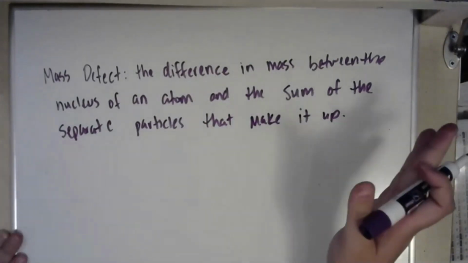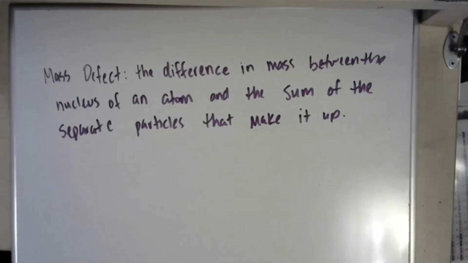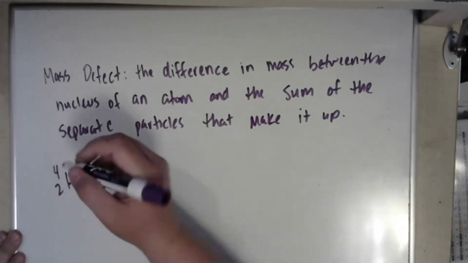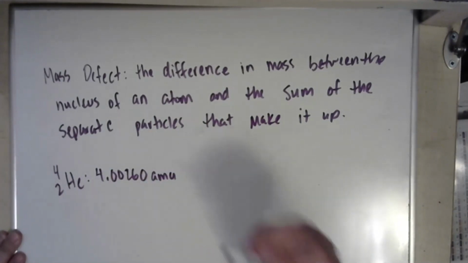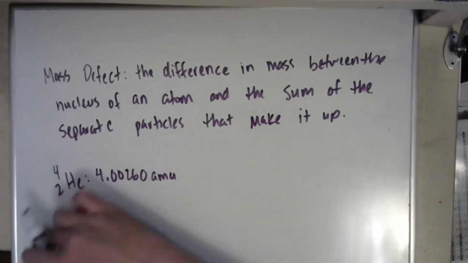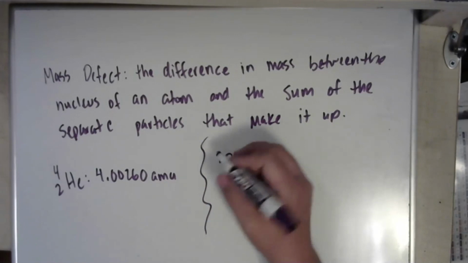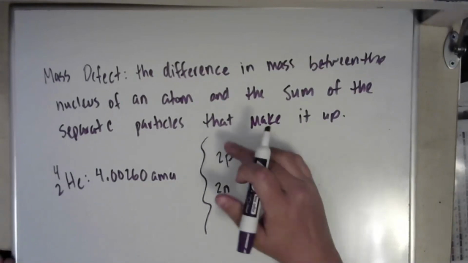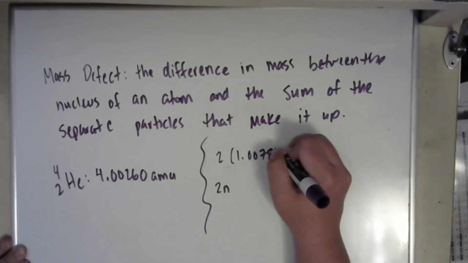So for example, we just used the helium example. If you look at the mass of a nucleus for helium, the mass is going to be 4.00260. Now I showed you what particles make up the nucleus of helium. There's going to be 2 protons and 2 neutrons. Every proton is going to have a mass of 1.00783.